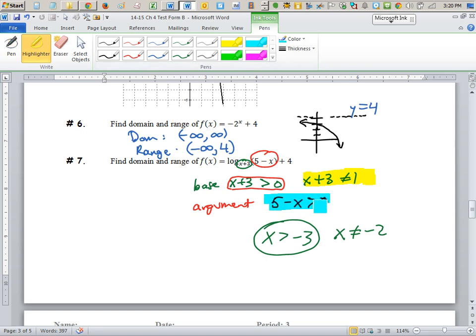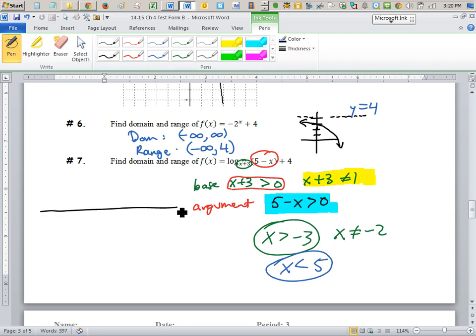And this statement here, 5 minus x is greater than 0. Okay, well then x is less than 5 if you add the x over. So you just end up with x is less than 5. So altogether we have these statements, and we can just kind of understand this as one solid answer. So I'm thinking of numbers that are greater than negative 3 and yet less than 5 and not negative 2.